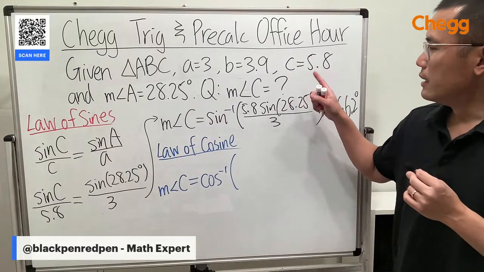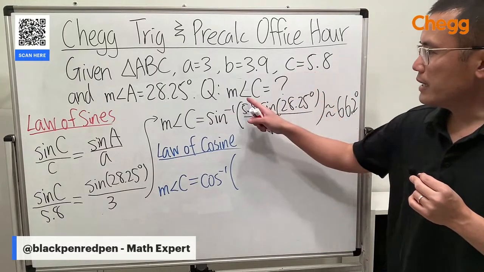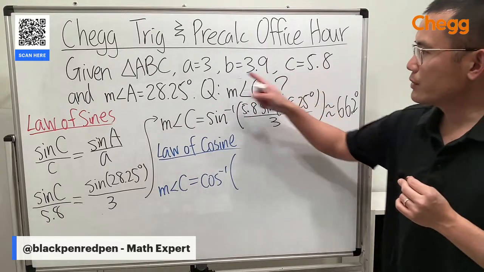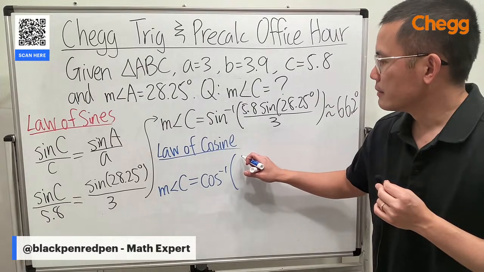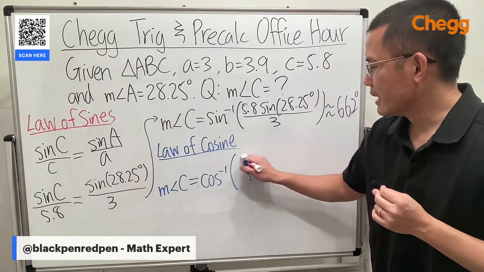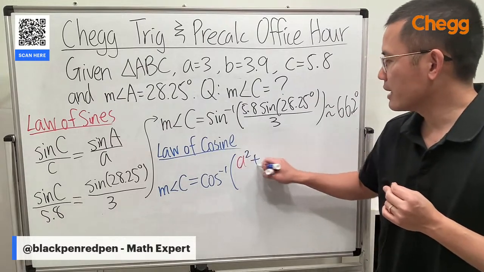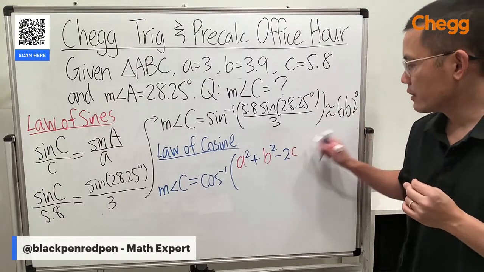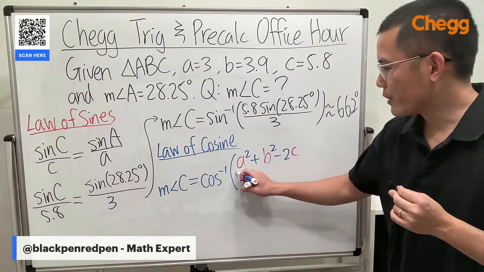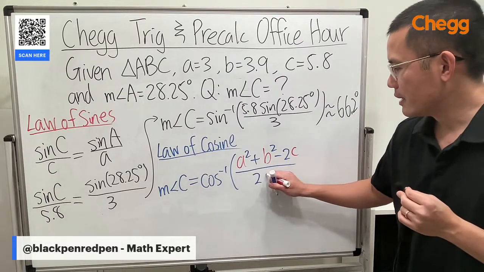So to get C, you have to do this square plus that square. So I will write down all the steps. A square plus B square minus 2C, all over 2AB.